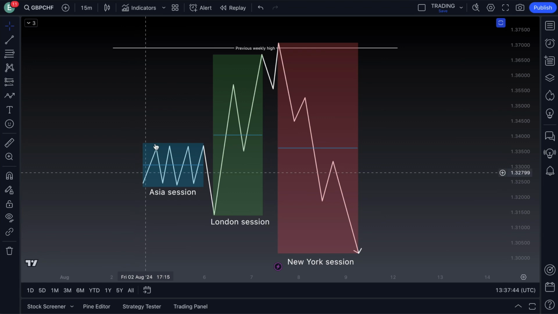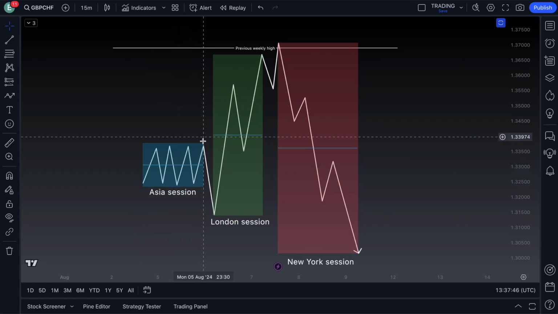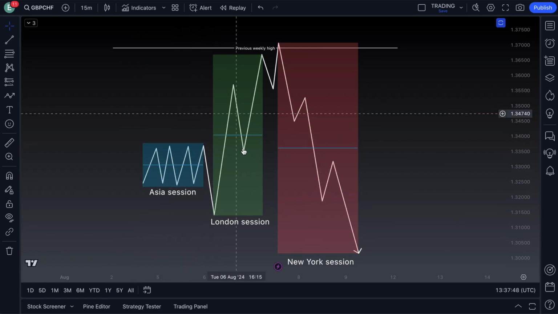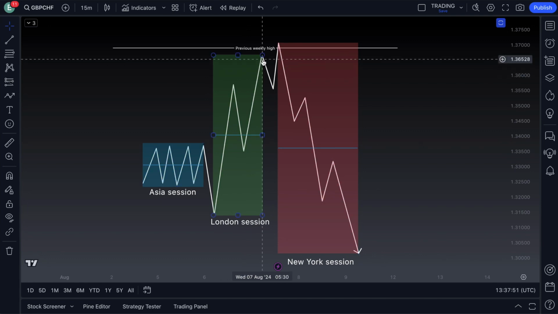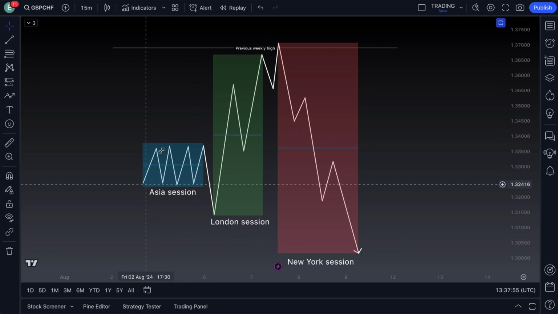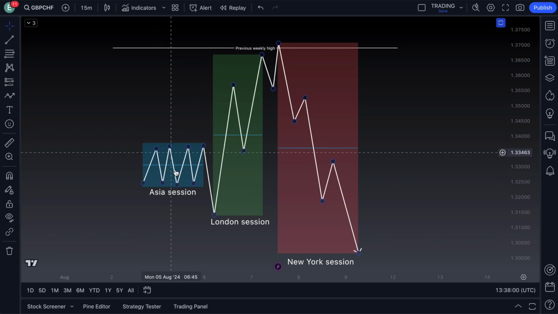It is just the time of day that certain traders are awake around the world where they are buying and selling the markets. What usually happens with Asian session, it doesn't really do much. It normally just consolidates. It's not trending bullish or bearish, it's just simply moving sideways.